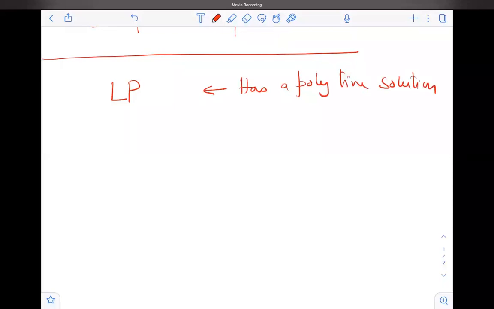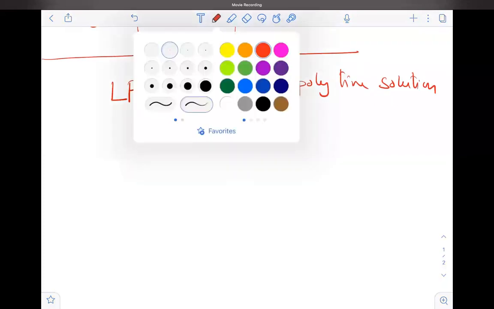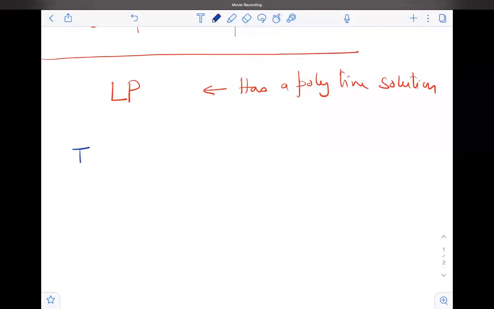This is good, but the one that I just now wrote is called an ILP, meaning integer linear program.